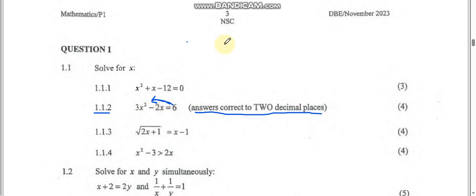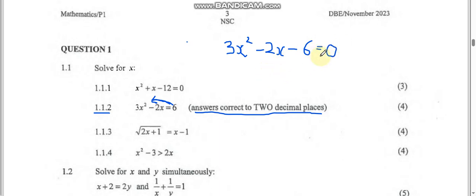So we are going to have x to the power of 2 minus the 2x that we already have, and then we take this 6 to the other side. When we transpose 6, which was positive 6, it is going to be negative 6, because whenever you transpose a number, the sign will definitely change.